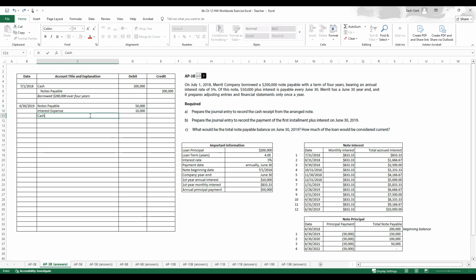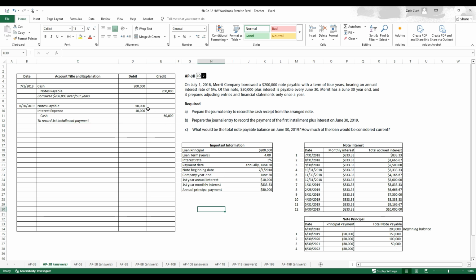And then we basically just add those together, indent for our credit, and what we're saying is we're going to make a $60,000 payment. And I'm going to copy this just to get the italics in there and all that. And we can say to record first installment payment.